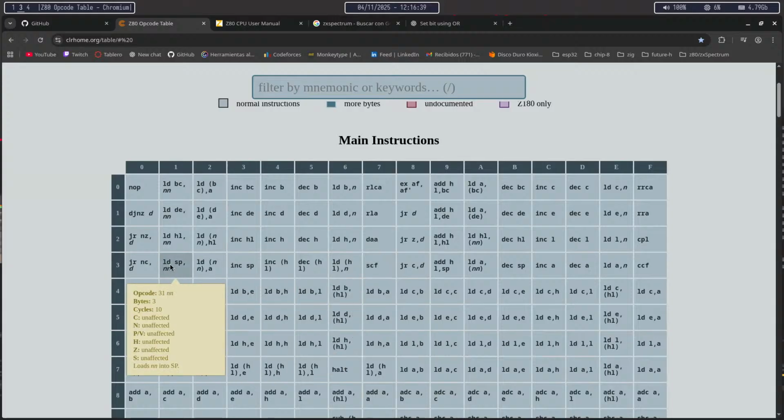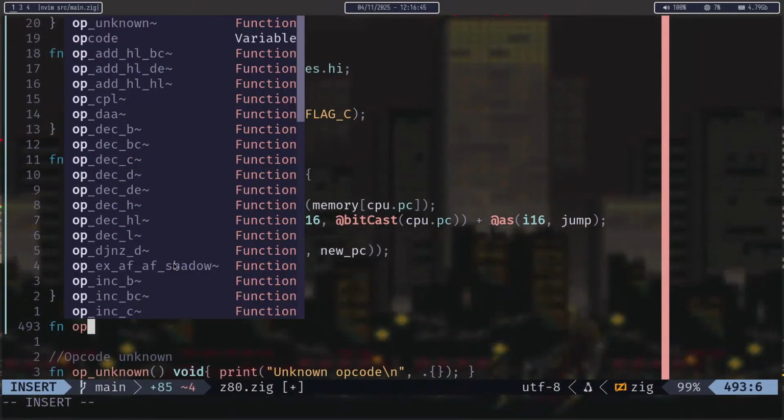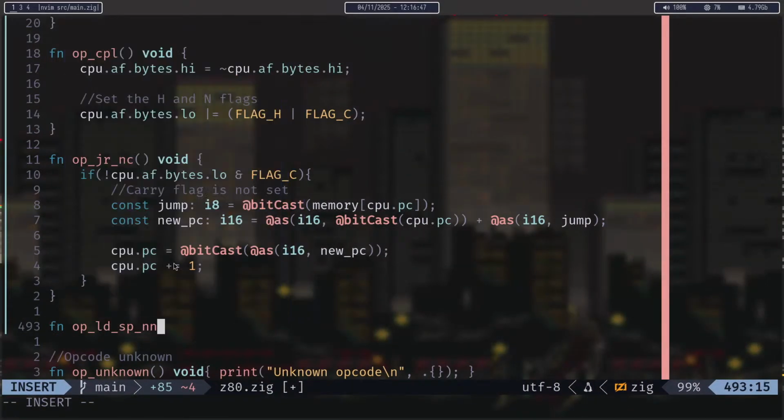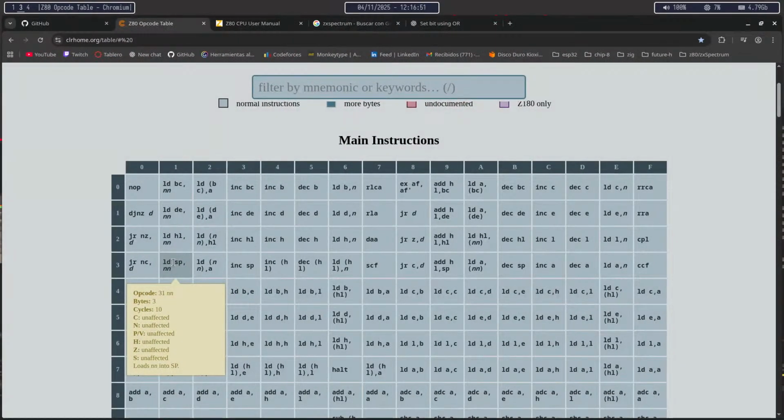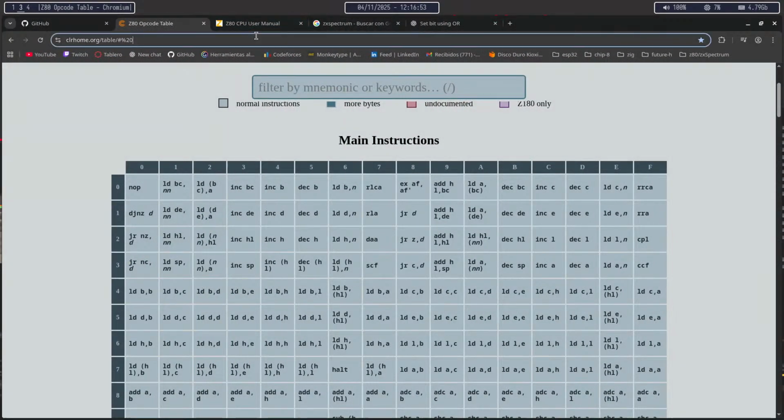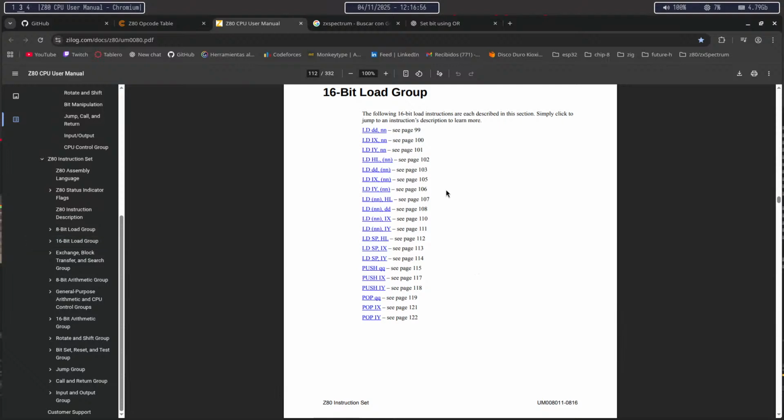Okay, so load SB. What is SB? Stack pointer, I guess. Load SB NN. It's not a register pair, that's for sure. Let me actually look it up. SP.